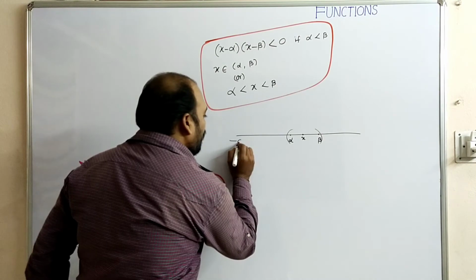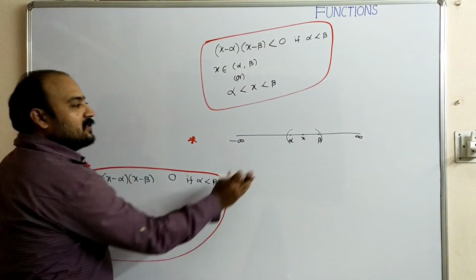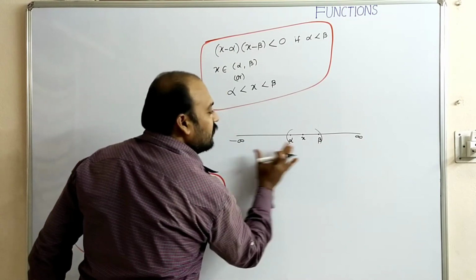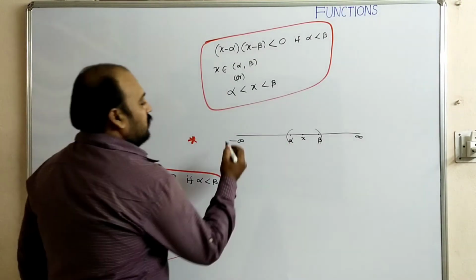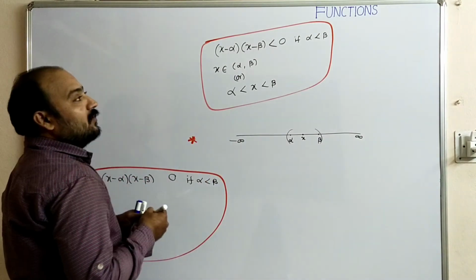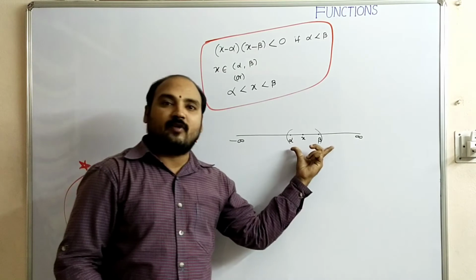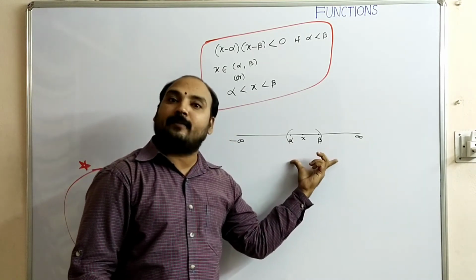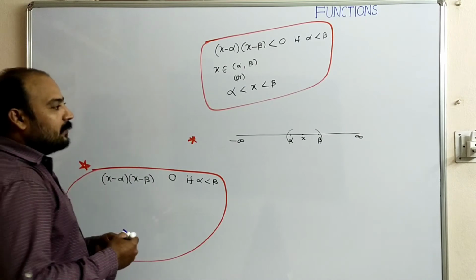Here minus infinity to plus infinity. So previously this region we are getting, now alpha and beta. The domain of this type of function, x minus alpha into x minus beta is less than 0, means the value of x lies between alpha and beta but should not be equal to alpha, should not be equal to beta. This is about it.